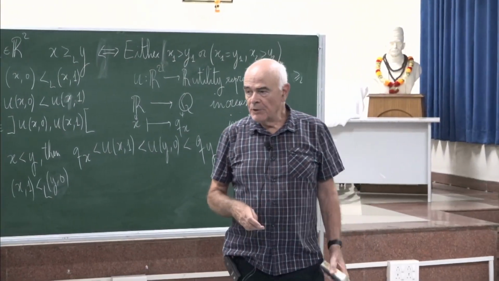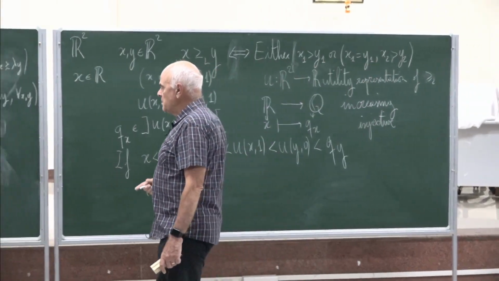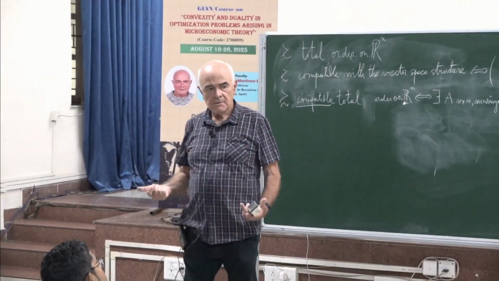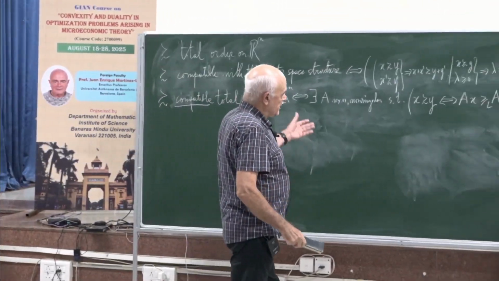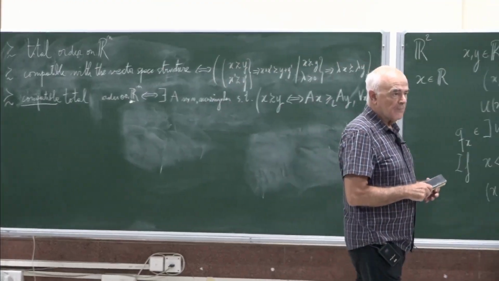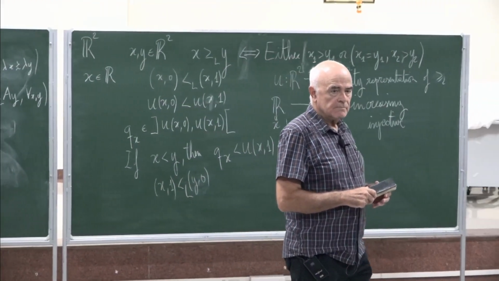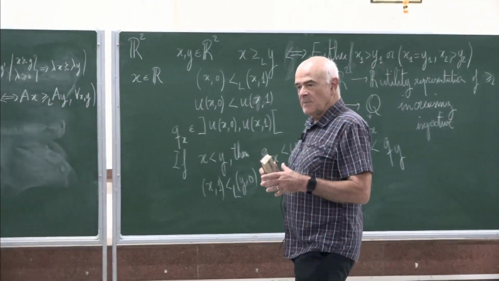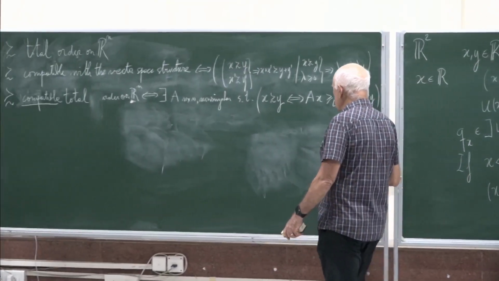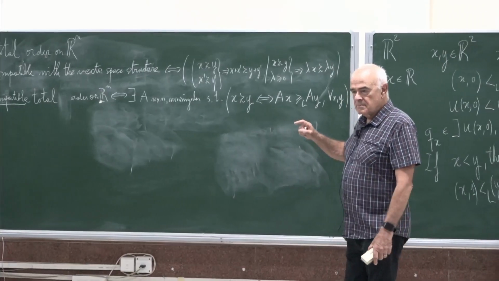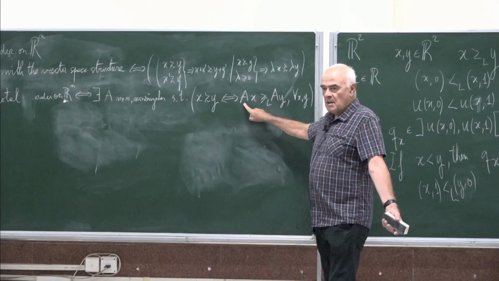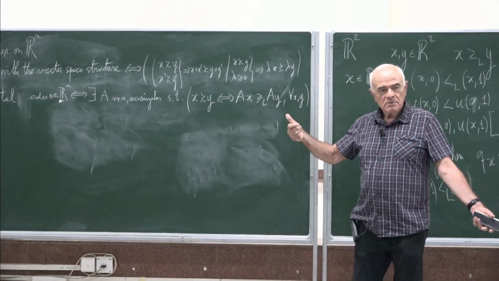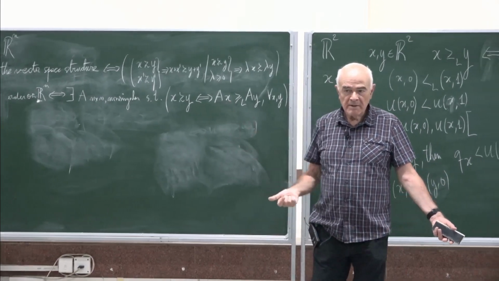If you want a preorder, you have to change here a square matrix by a general matrix, and then the same holds true. Okay? Which means that, up to an isomorphism, up to A, this means x greater than or equal to y lexicographically, and we know the meaning.